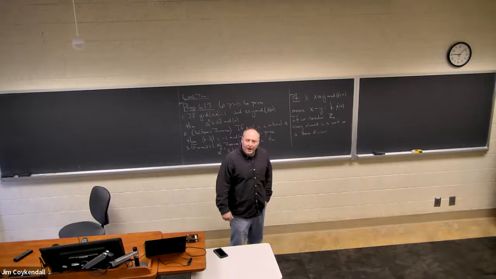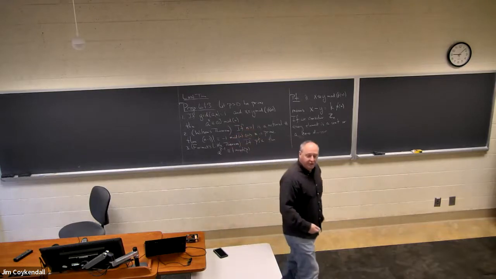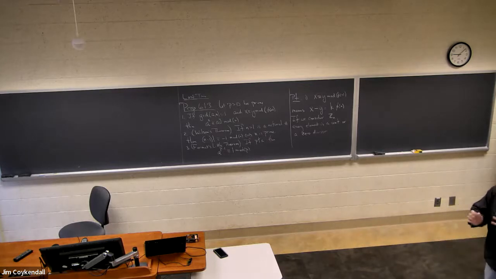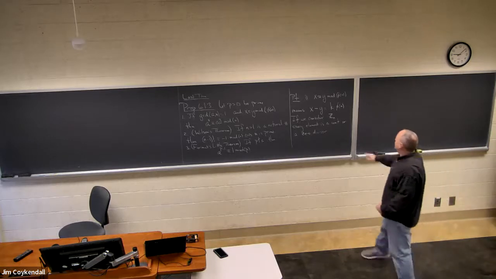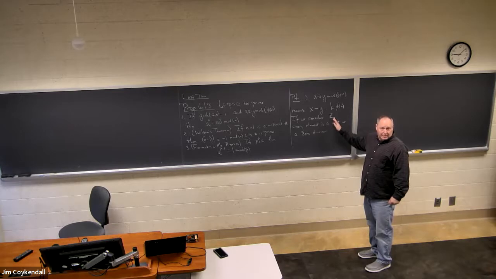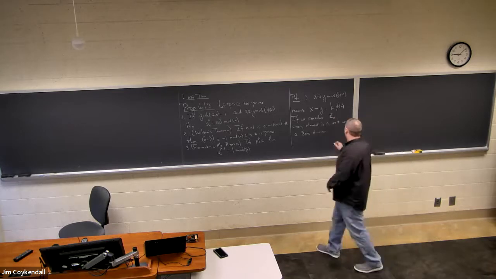You guys remember that. And remember, how do you test this in Z mod n? You look at the element, and if it's got a common factor with n, then it's a zero divisor. And if it's relatively prime, then it's a unit. Everybody remember that?